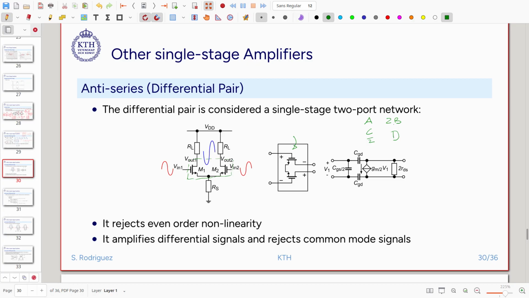We have that the transconductance gets deteriorated. The transconductance has been halved. Remember that the ABCD parameters are the opposite to the gains. So the transconductance has been halved because we only have half of the transconductance in the model.